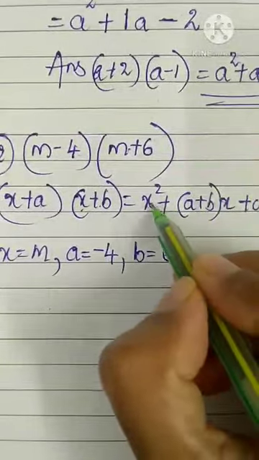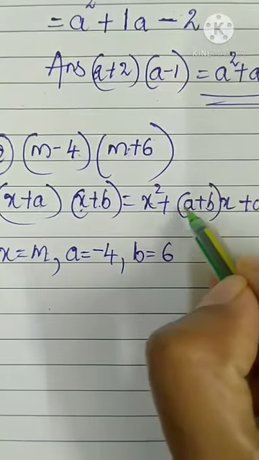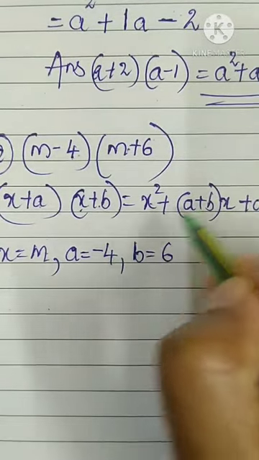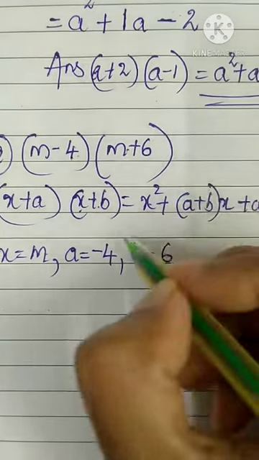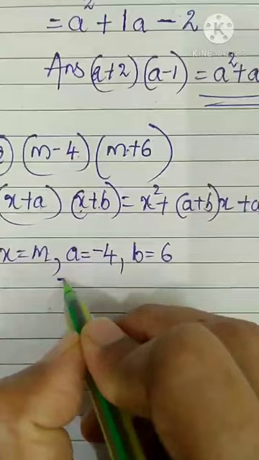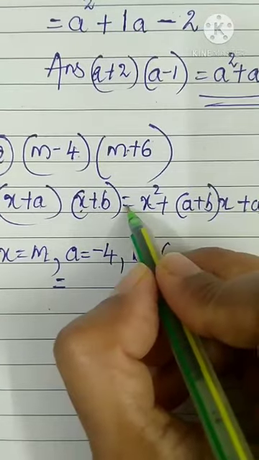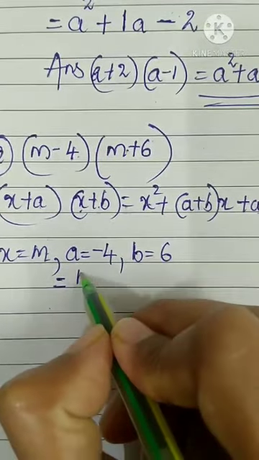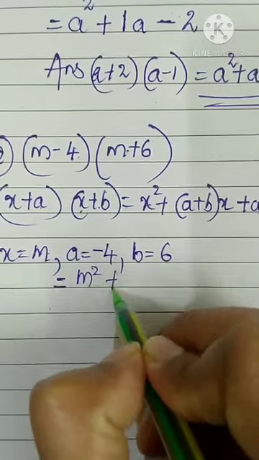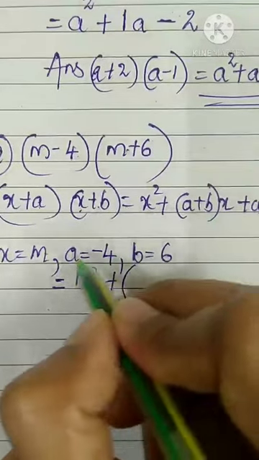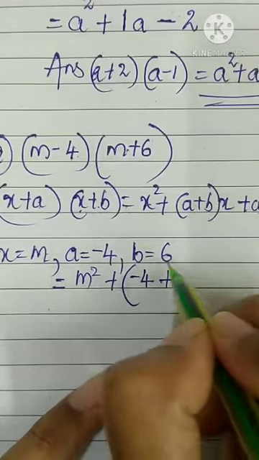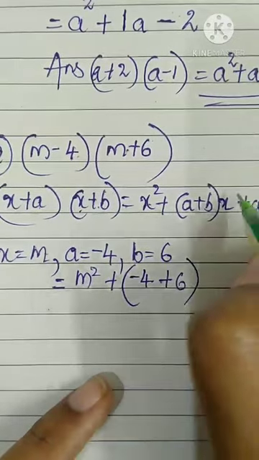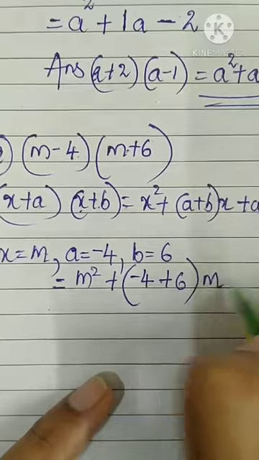Wherever you see x, you will put m. Wherever you see a, you will put minus 4. Wherever you see b, you will put 6. Okay. Put it in the formula. So start with equal to. In place of x, we will write m square plus bracket start, a is minus 4 plus b is 6, bracket close, multiplied by m.